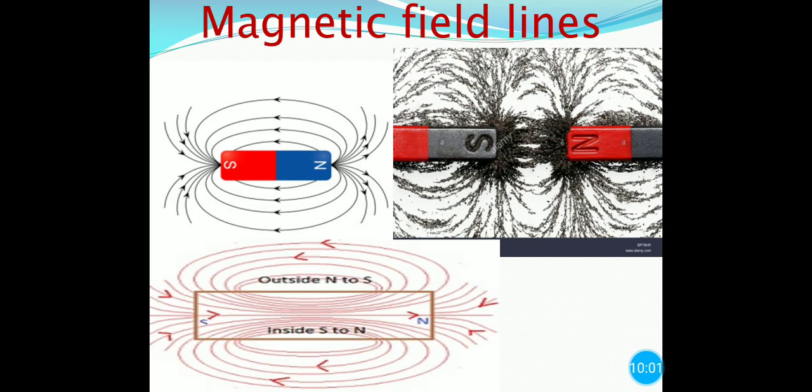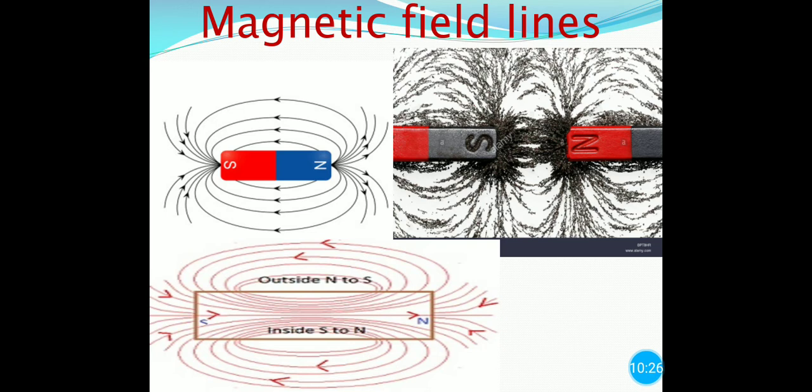You are observing that the maximum iron filings are attached or cling to the ends or poles of the magnet in comparison to other surfaces of the magnet.